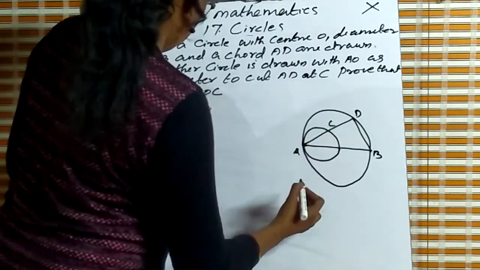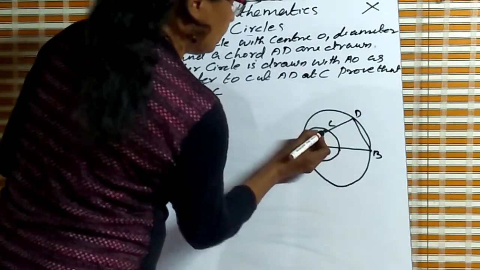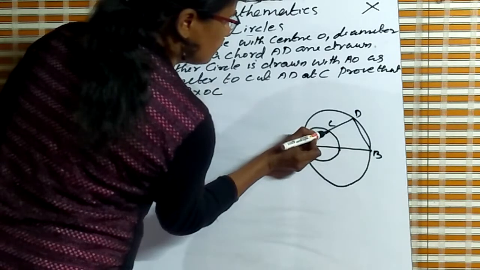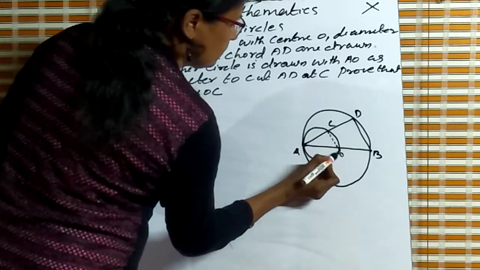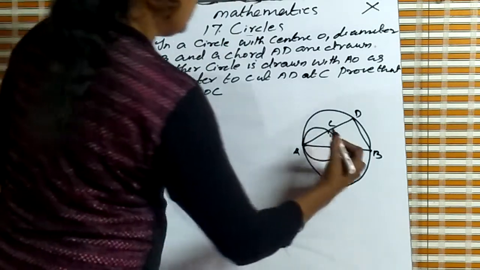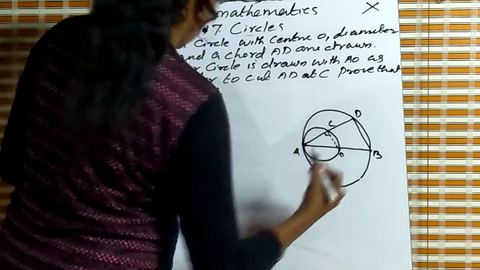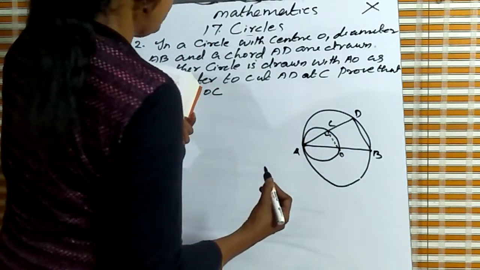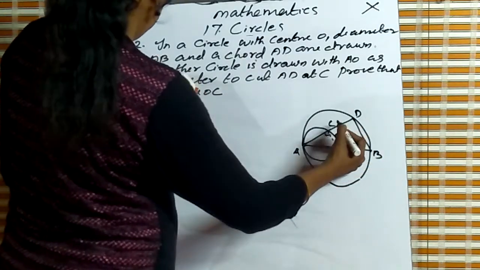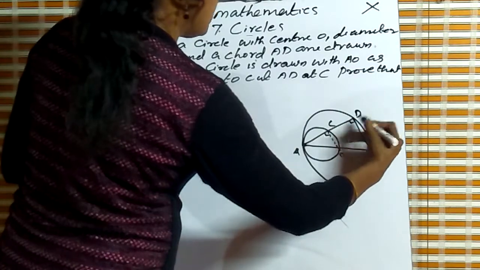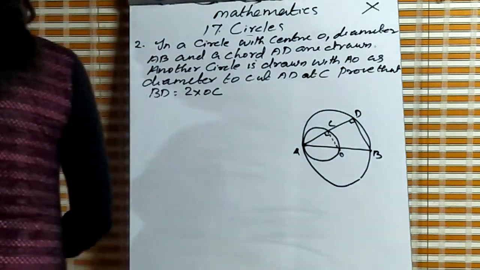This is C and this is the center. Name the center O, OC. This angle is 90. This angle in a semicircle is 90.